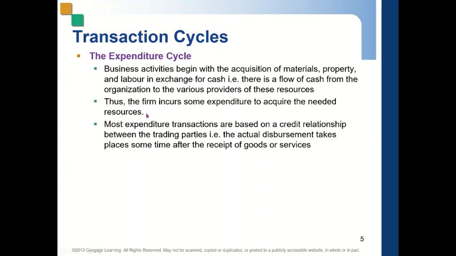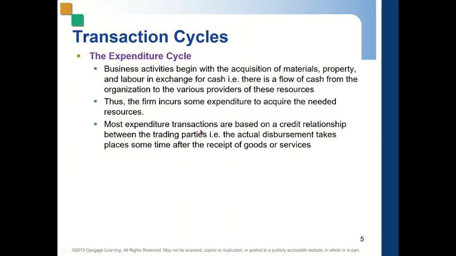And so the expenditure cycle groups together transactions that pertain to that phase of the production cycle, when we are acquiring the raw materials and the labor and the things that we will need to start manufacturing the tables and chairs. So we incur some expenditure to acquire the resources that will go into the production of our tables and chairs.